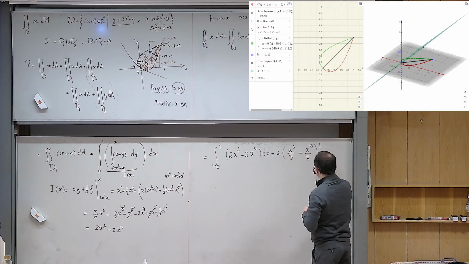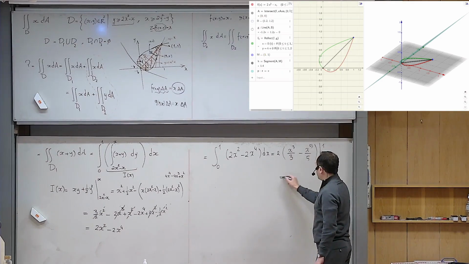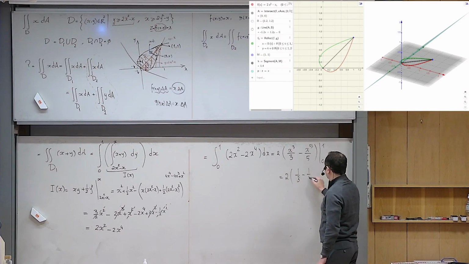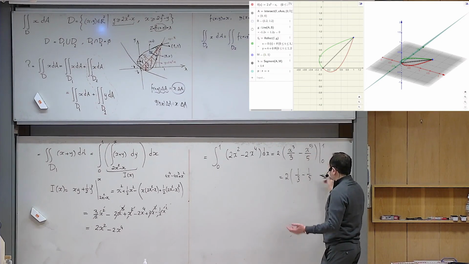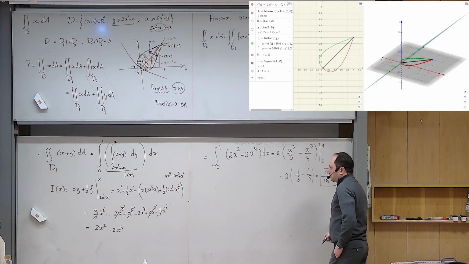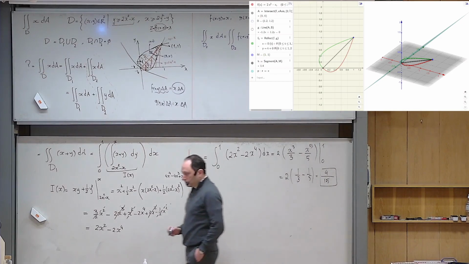And then it goes from 0 to 1. This is 2. I put 1 here, it's 1 over 3 minus 1 over 5. But when I put 0, it is 0. And then I solve that. So the answer becomes 2 times (5 minus 3) over 15, so it is 4 over 15. Okay? So that is the solution to this problem.